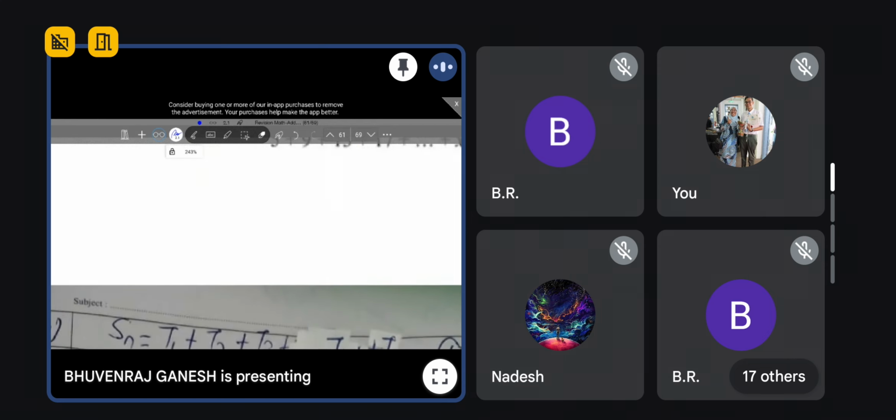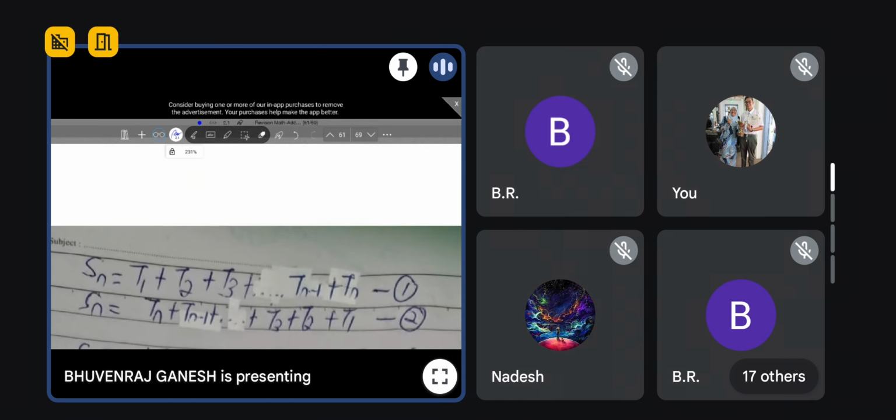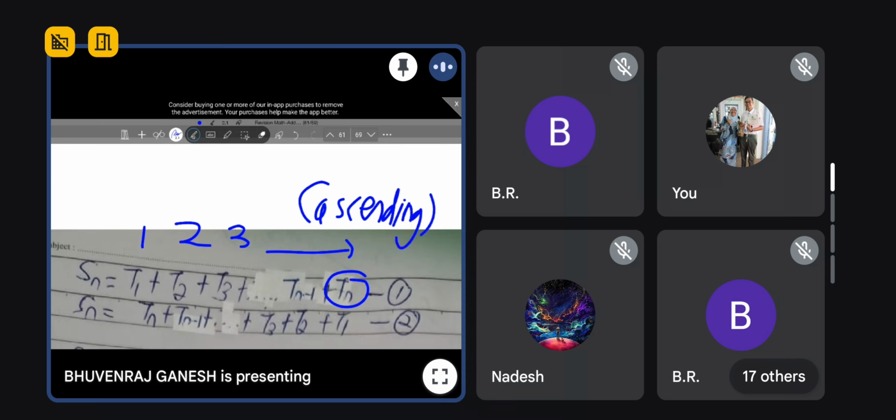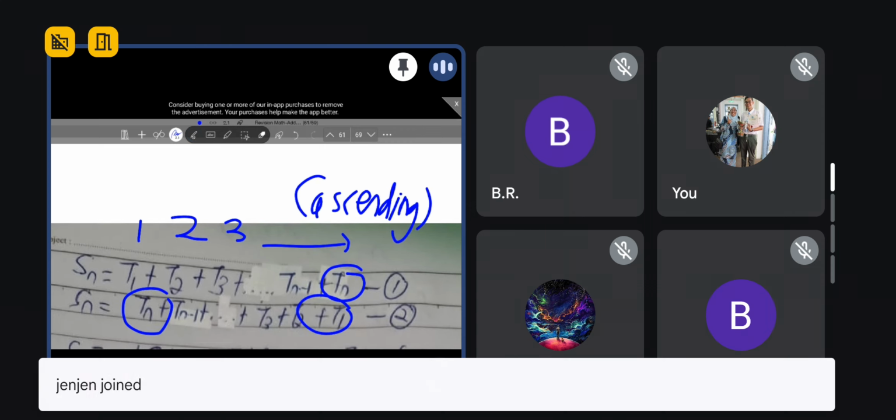I teach you all. So guys, this is the first step that you all must do. You must try to arrange the terms, the first term, second term, third term, until the last term. Okay, this is what we call ascending order. Am I right? From small to large. And I can also arrange the terms oppositely. Okay, descending order, from large to small.